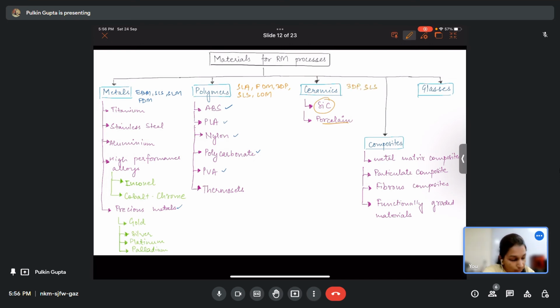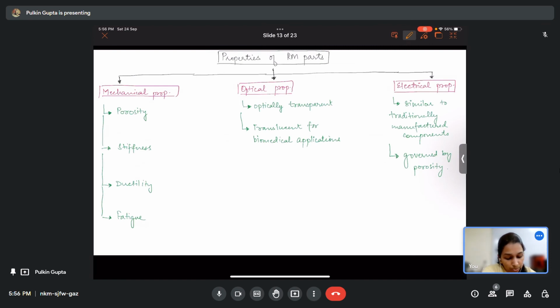Then you have glasses, similar to ceramics, using 3D printing and SLS. And then you have metal matrix composites, wherein you can have particulate composites, fibrous composites, or functionally graded materials as well.